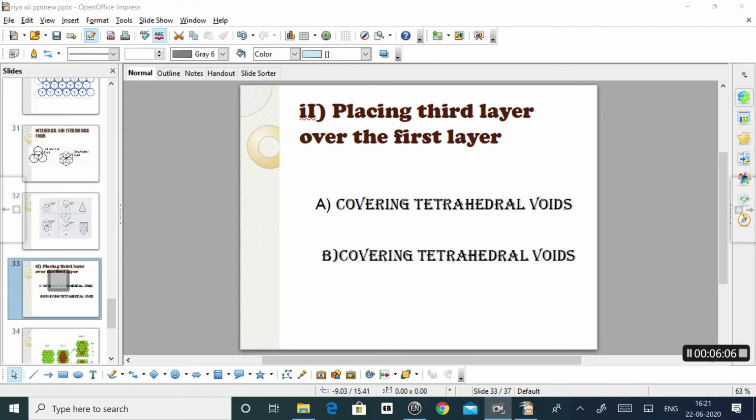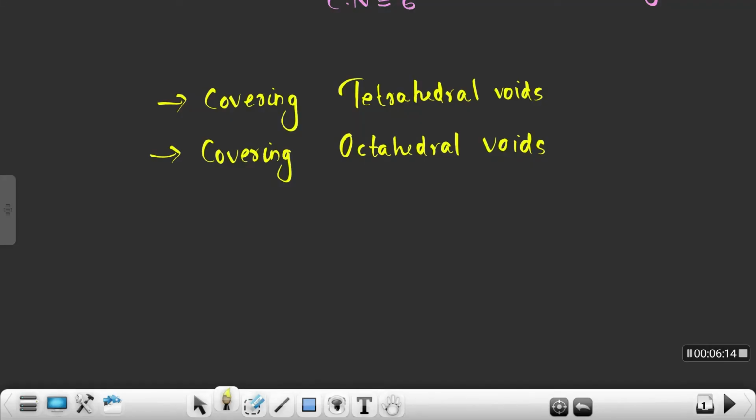In the next step, we have to cover these tetrahedral voids and octahedral voids. Consider the first case. How to cover the tetrahedral voids? The third layer is placed above the tetrahedral voids of the second layer, and this third layer is vertically above the first layer, and the first and third layers are identical.